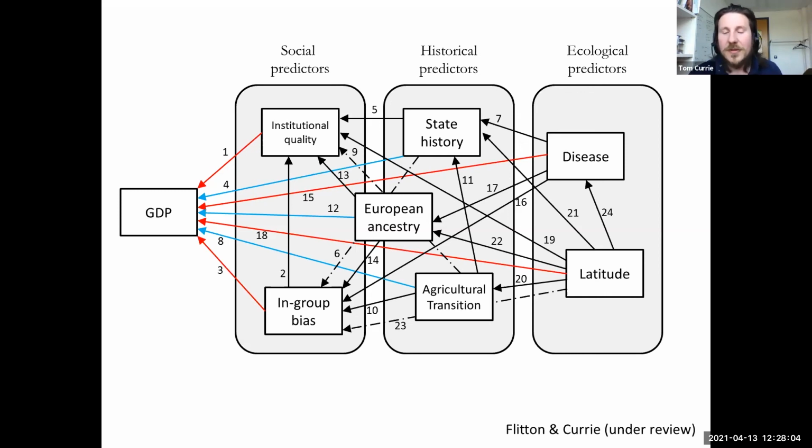And so we try to represent this in the form of a path diagram. Each of these arrows represents a hypothesis that somebody in the literature has proposed. There's 24 different hypotheses here. It's not the easiest of papers to write when you've got 24 different hypotheses to try and explain to reviewers. So it's still under review.